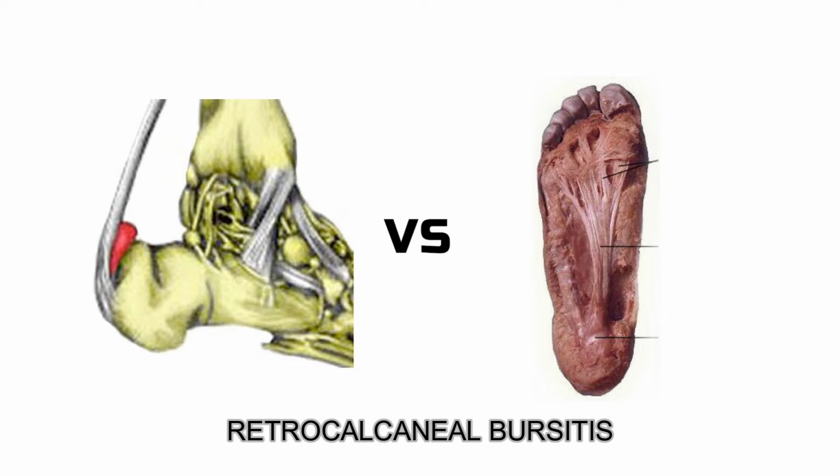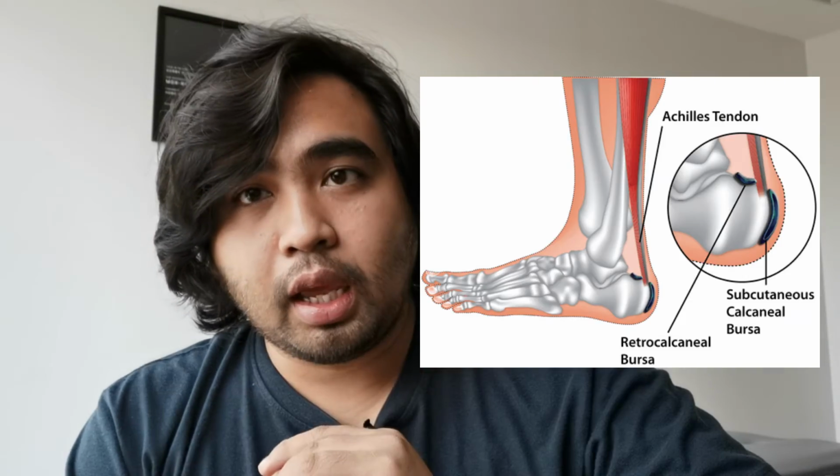Next thing we're gonna look at is the bursa on the back part of our heel. If you feel pain on the back side of your heel, you might be experiencing what we call retrocalcaneal bursitis, meaning there's an inflammation of the bursa located on the back part of the heel or the calcaneum. This bursa helps decrease the surface friction between our Achilles tendon and calcaneus bone.